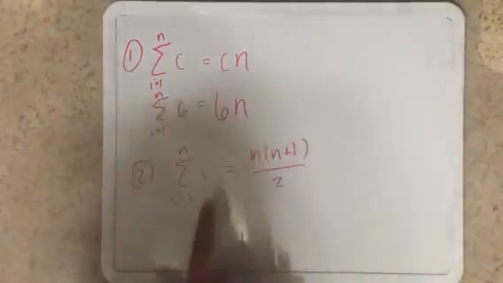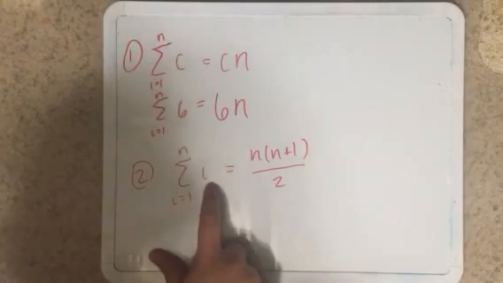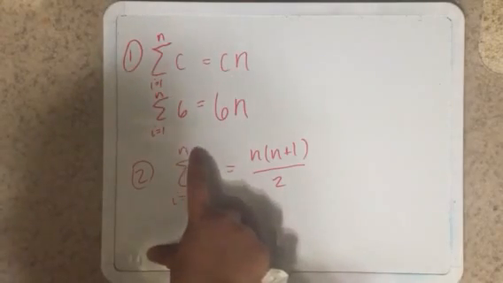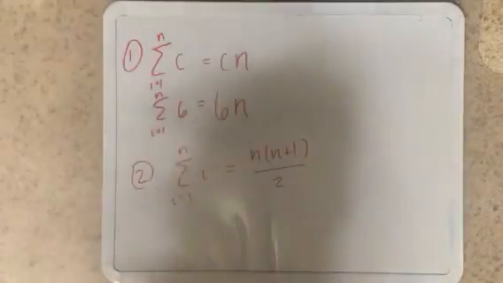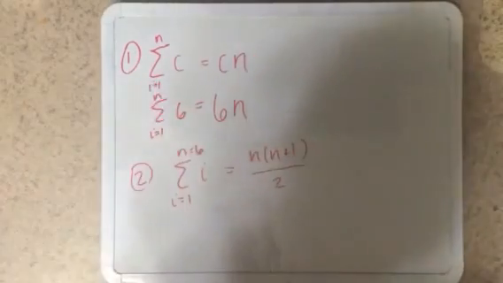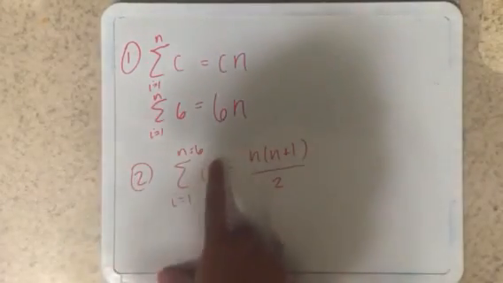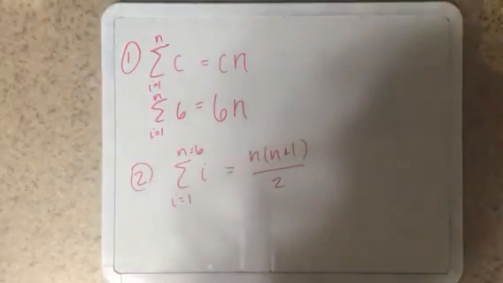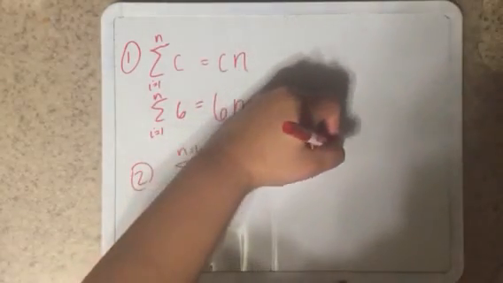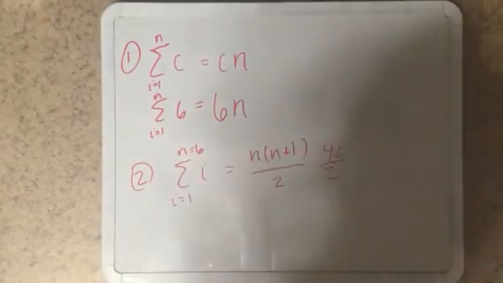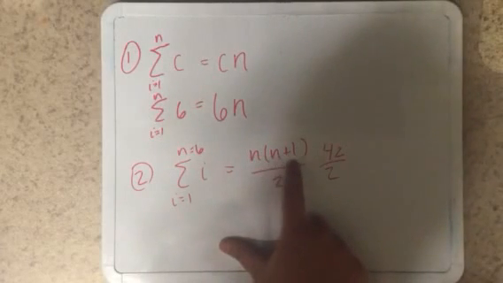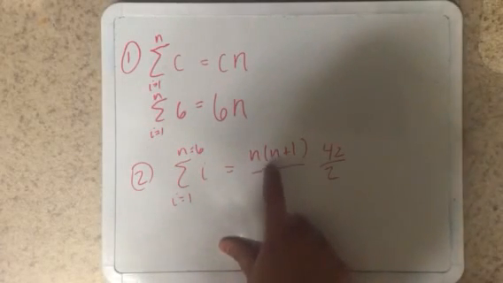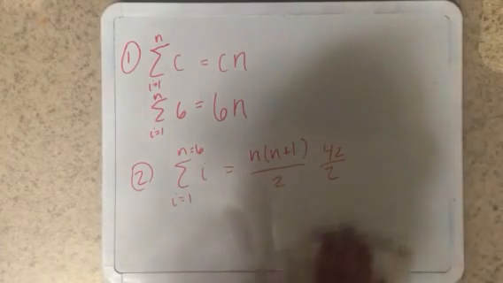This is basically saying that whatever n is, if you just have i, you plug in n. So let's pretend n is 6. So you plug in 6 into all the n's here and you would get your answer. So it would be 42 over 2, because 6 times 6 plus 1, which is 42 over 2.